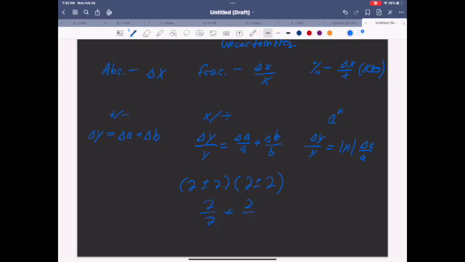So it would be the fractional uncertainty, which is 2 over 2 plus 2 over 2, equal to delta y over y. Delta y over y would equal 2 over 2, which equals 1, meaning delta y equals 1. If you do it the other way, you would get the same result. That's kind of like the proof of the relationship between the two formulas for multiplication and division, as well as the power.